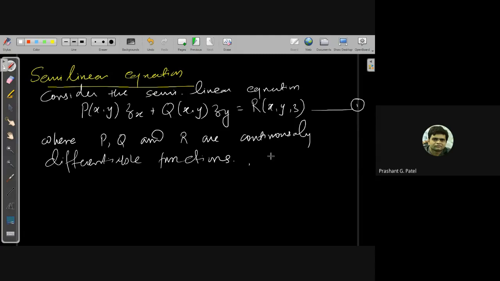That means we can say that P square plus Q square is not equal to 0. That means P and Q, both of them are not 0 simultaneously.